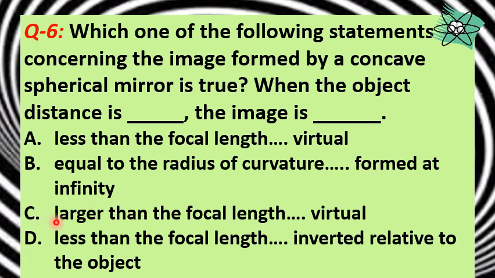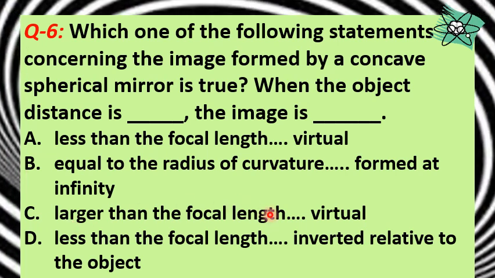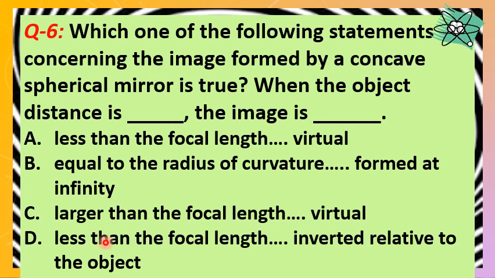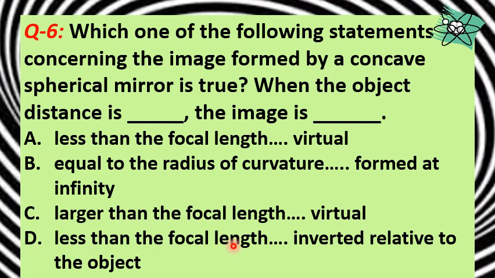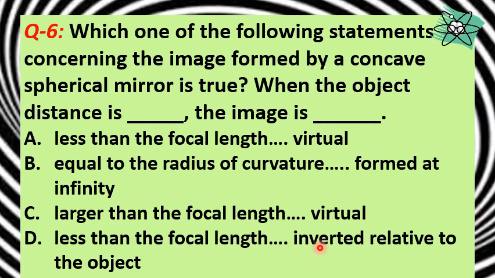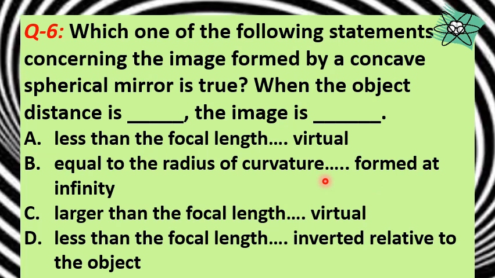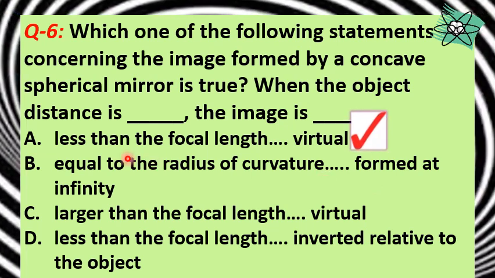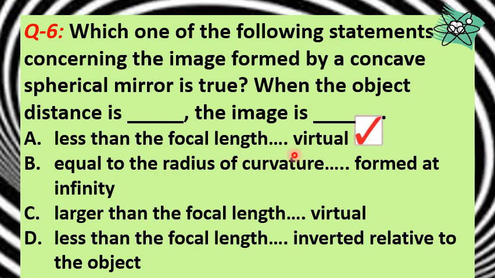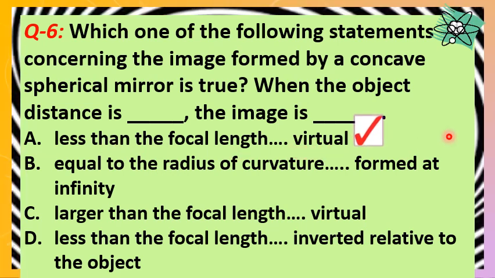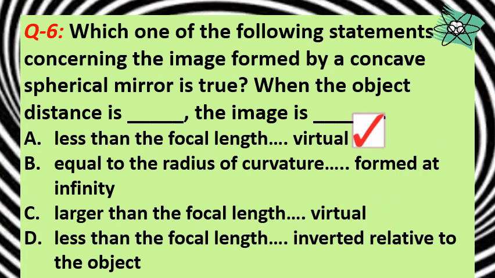Option letter C, when the object distance is larger than the focal length, the image is virtual. And option letter D, when the object distance is less than the focal length, the image is inverted relative to the object. The correct answer is option letter A. When the object distance is less than the focal length, the image is virtual. We have the explanation in just a short while.